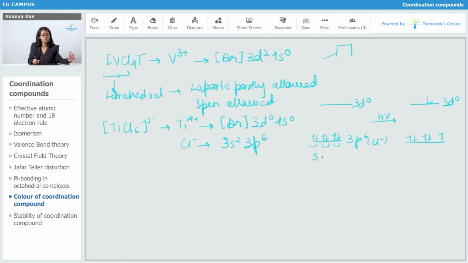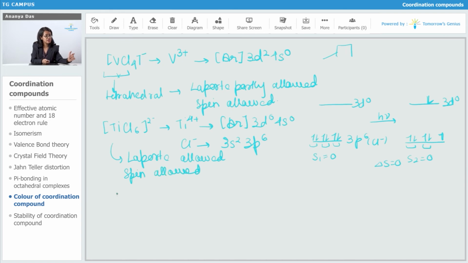So here S1 is equal to 0, and S2 is equal to 0. So for this, delta S is also equal to 0. So this is Laporte allowed as well as spin allowed.